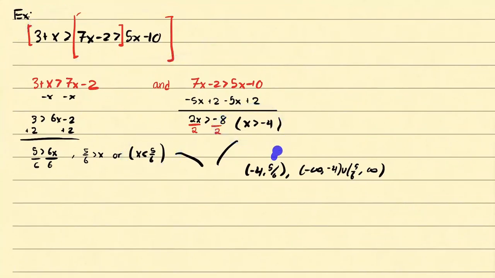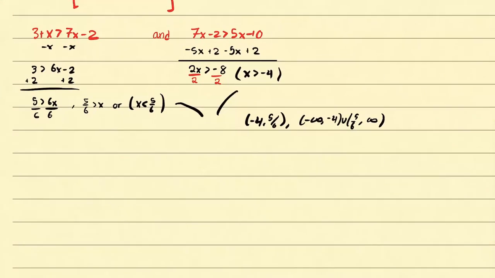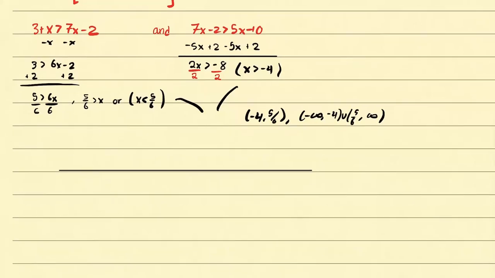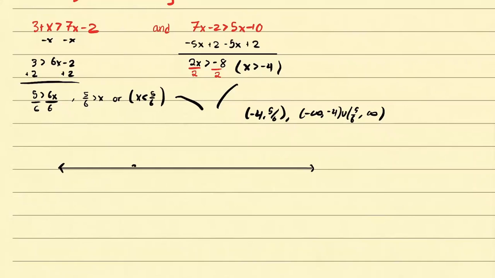So these are two possible contenders, but if you want, and I really struggled with this when I was taking this math, what I would always do is just write it out. So here is -4, and I know x must be greater than it. Here is 5/6, and I know x must be less than it.